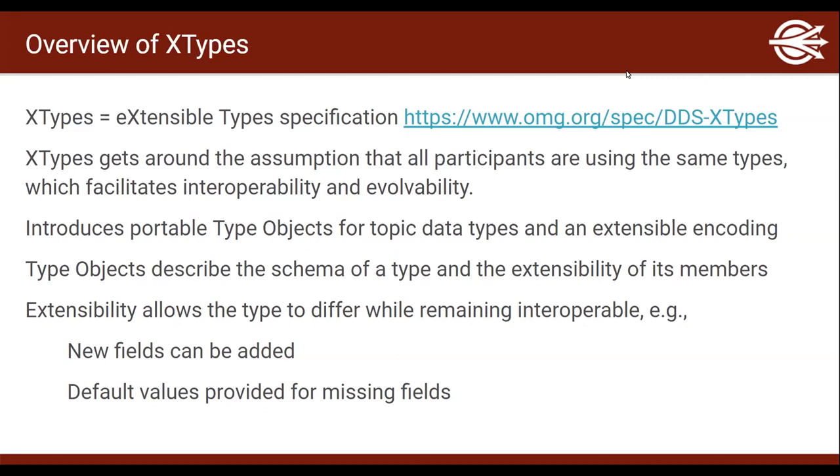Say you define a number of fields in that struct, but an older version of the software or an older writer doesn't necessarily write all those fields. You can provide default values for those missing fields. The extensibility is really important in terms of allowing interoperability, both forward and backward compatibility. So let's move to the next slide.